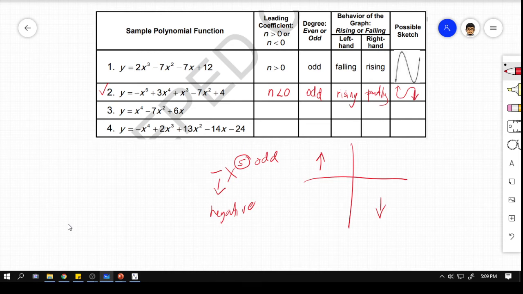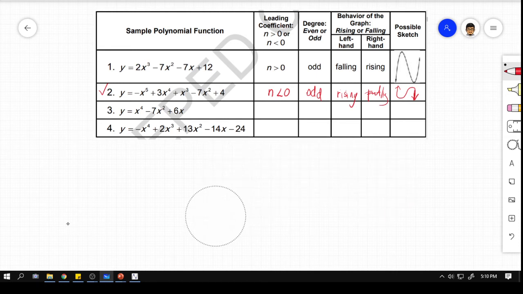Next, if you have y is equal to x raised to 4 minus 7x squared plus 6x, the leading term is x raised to 4, and it has a positive leading coefficient, and the degree is even. So, looking at the leading coefficient, it is greater than 0, and it is even.